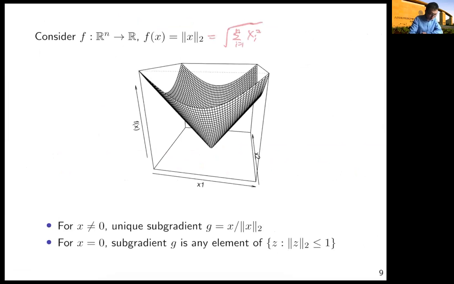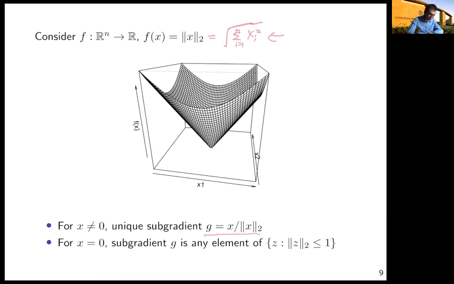For a two-dimensional example, you can visualize the surface of this function as something that looks like the shell of a cone. When x is not at 0, this function is differentiable, and you can directly differentiate using standard calculus. That will give you the unique gradient, and that's also the subgradient here.